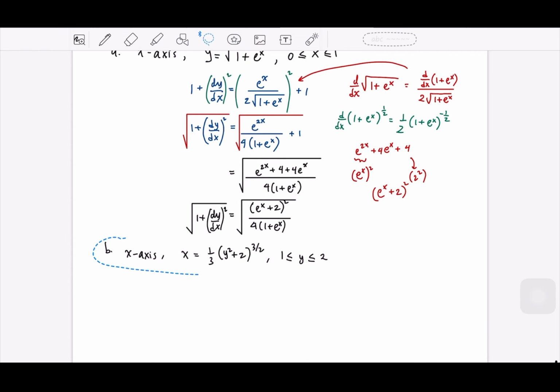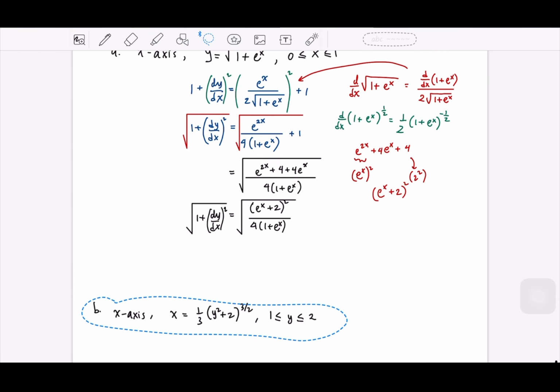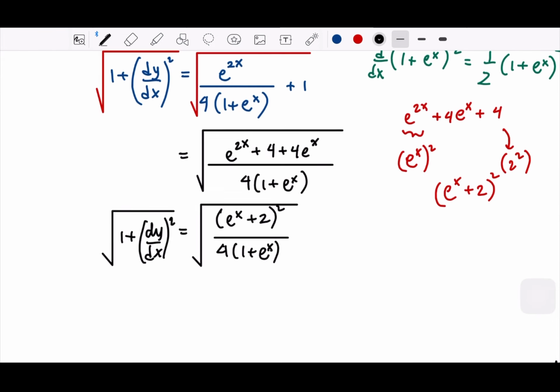I need more space. Okay, I think we can simplify. We can cancel the square with the square root. So we could write e to the x plus 2. And then the square root of 4 is 2. And I think we could just write square root of 1 plus e to the power of x.